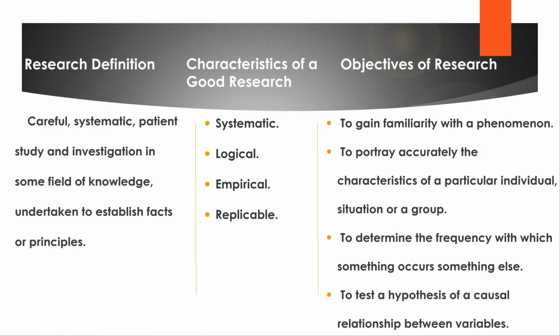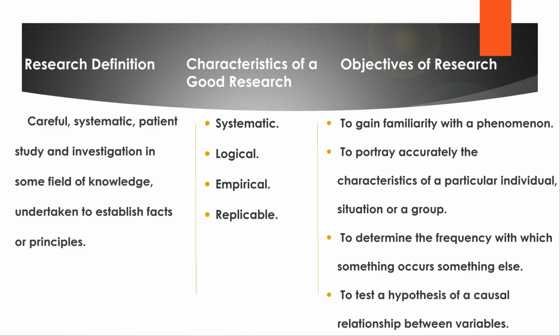Starting with research definition, which is careful, systematic, patient study, and investigation in some field of knowledge, undertaken to establish facts or principles. Moving to mentioning the characteristics of good research, which are: systematicness, logic, empiricism, and replicability.